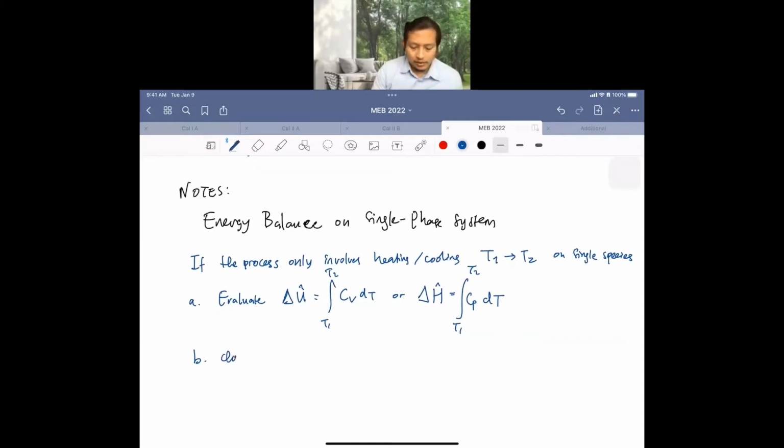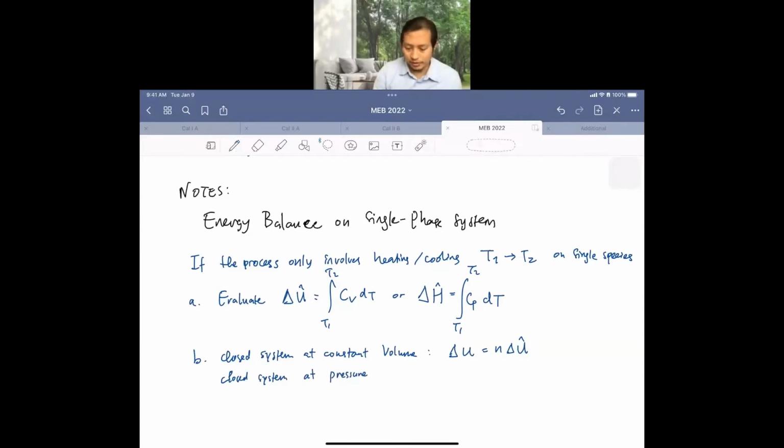And then closed system is when we have constant volume, or maybe we can write closed system at constant volume. We could write the delta U as n multiplied with the specific delta U. And then we have also another closed system, but at constant pressure, sorry.